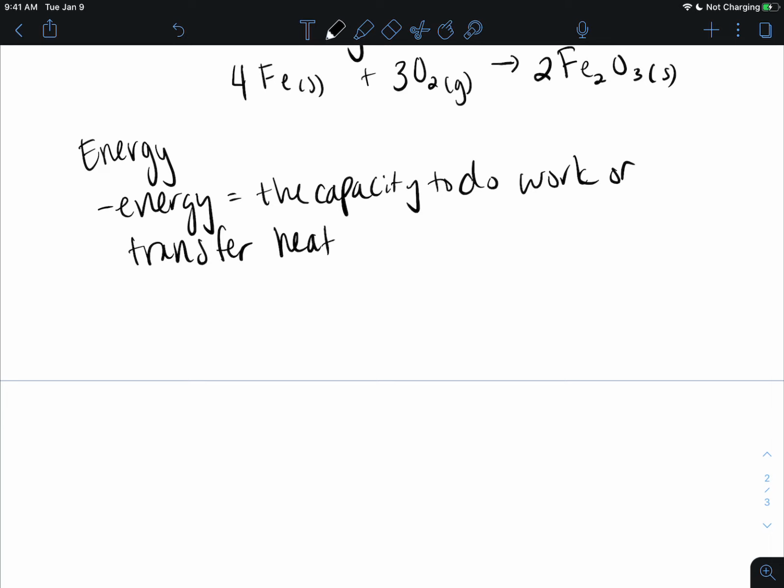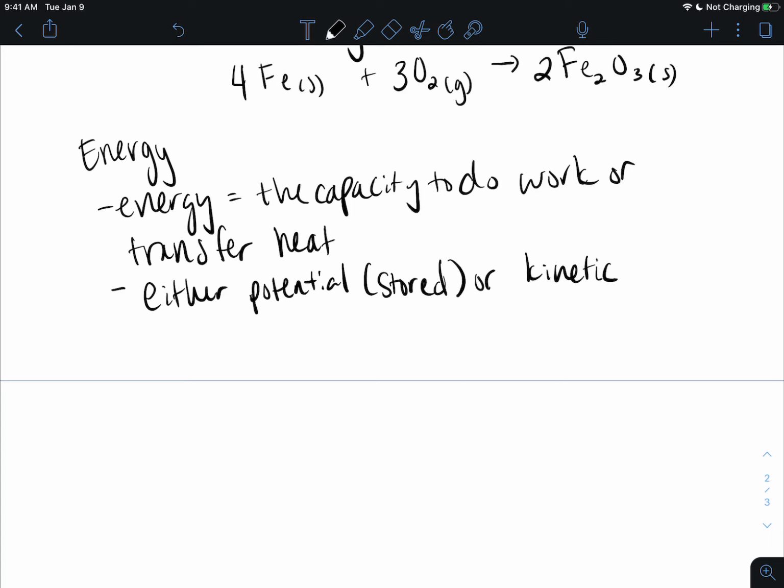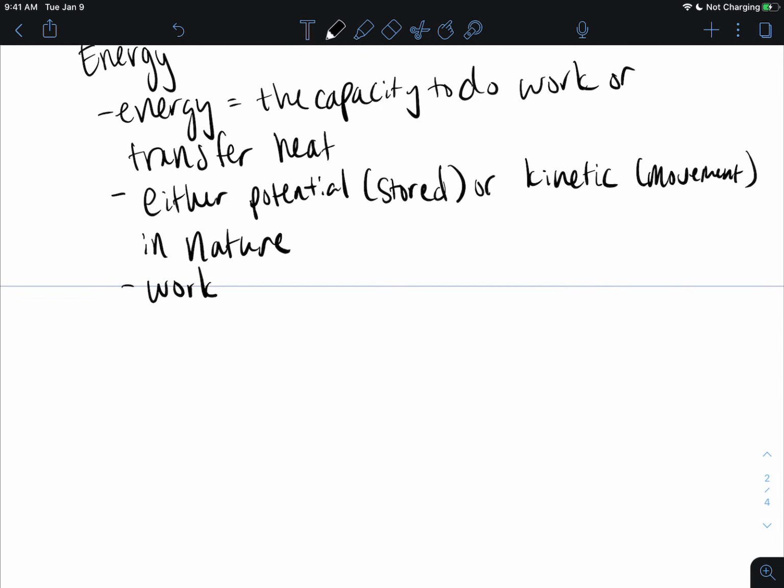So when we have energy, either work energy or heat energy, and then energy can either be potential, which is stored energy, or kinetic, which is movement energy in nature. Generally, when we're talking about energy in chemistry, we're talking about heat energy. Not a lot of work occurs in chemical reactions. So we don't look at it too much, but let's go ahead and just define it.